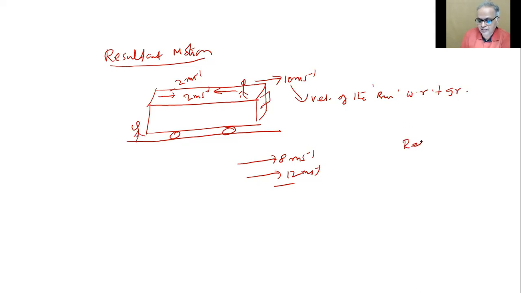Rest and motion are relative terms, you say. Did you hear these words anytime? Rest and motion have meaning only with respect to a particular surrounding. They don't have an absolute meaning. Can I say that I am at rest? Can you say that I am at rest, though I am sitting in front of you?